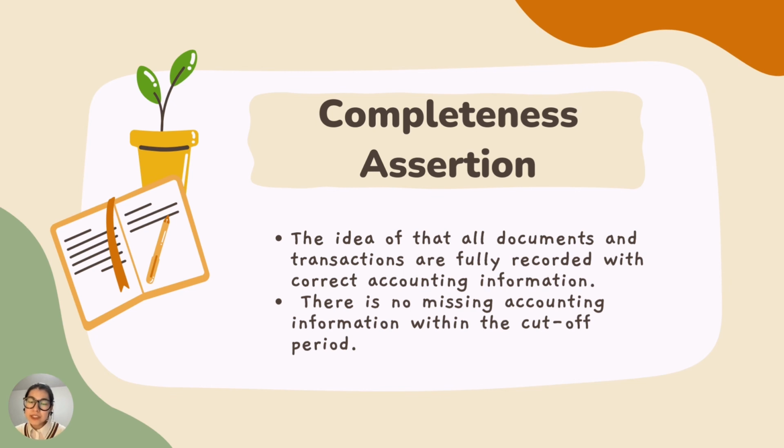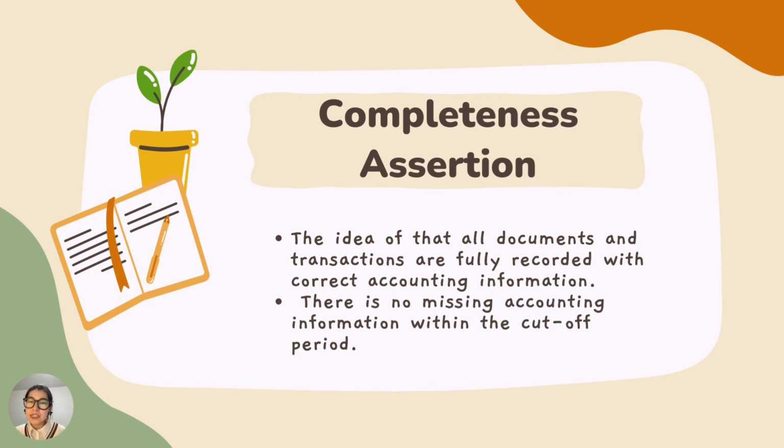The completeness assertion is one of the balance sheet assertions, which is designed to assess risks by considering different types of potential misstatements that may occur and designing auditor procedures in response to those risks.